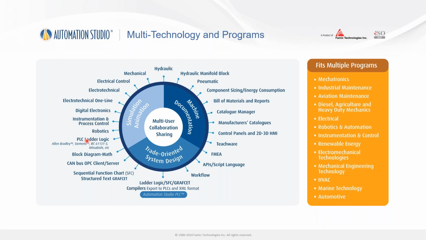Then you can draw the circuit on PLC ladder logic, which we are going to see today. Then block diagram. You can also link your circuit with the hardware kit or the trainer kit using CAN bus, OPC client, then SFC. We have some extraordinary features like workflow manager, FMEA, teachware, manufacturer's catalog, bill of material and reports. And it fits for multiple programs as you can see here.